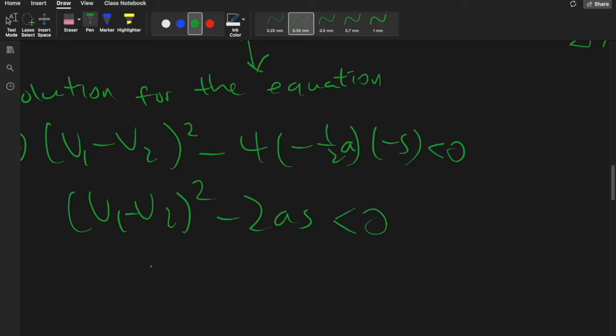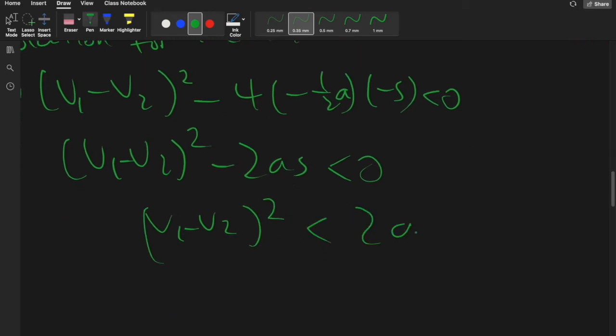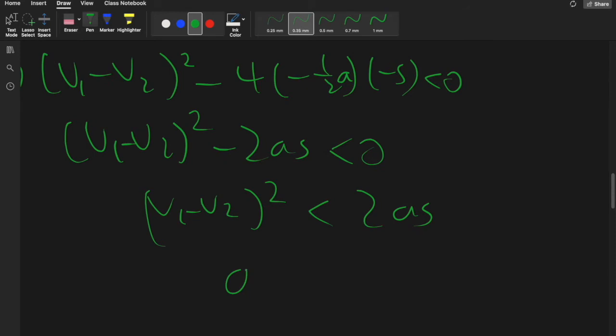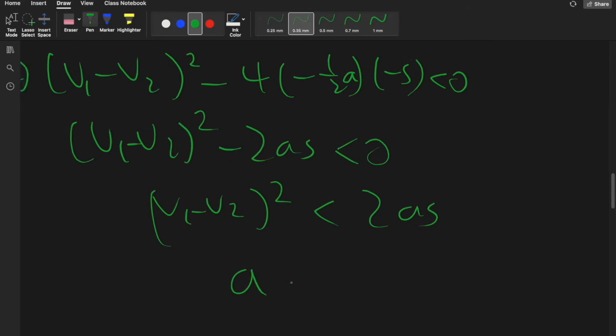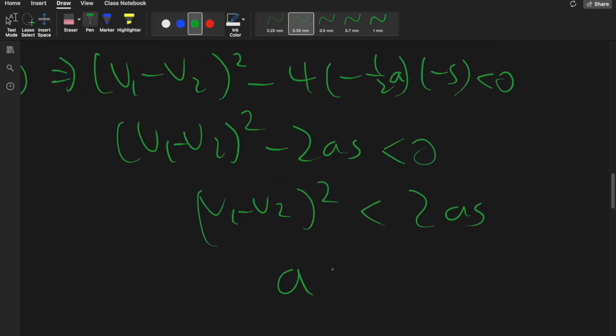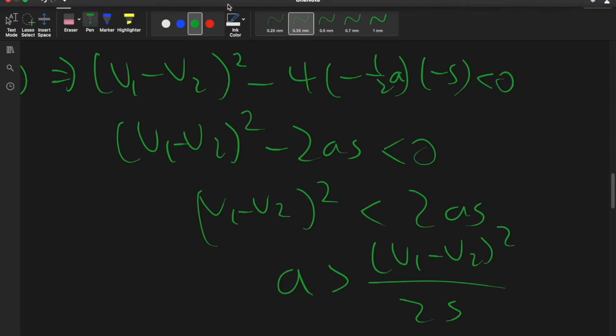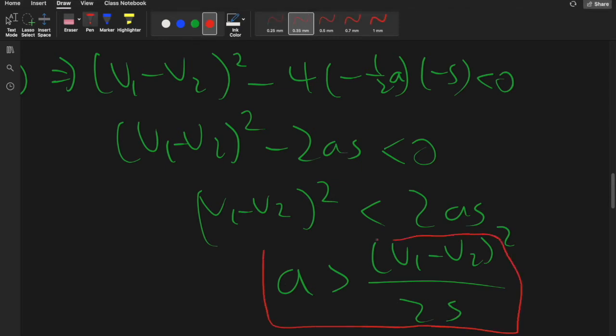So (v1 minus v2) squared is less than 2as. So a must be greater than (v1 minus v2) squared divided by 2s. So this is the answer for this problem.